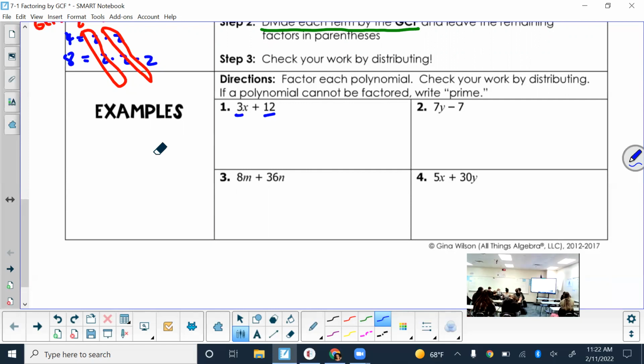Yes, so 3 is part of my GCF. If it can't, then I would probably make a factor tree of the 3, but it does divide into the 12. Can I take an X from both terms? No, because they both don't have X's, so just the 3 is my GCF. And that will always go outside the parentheses, your GCF.